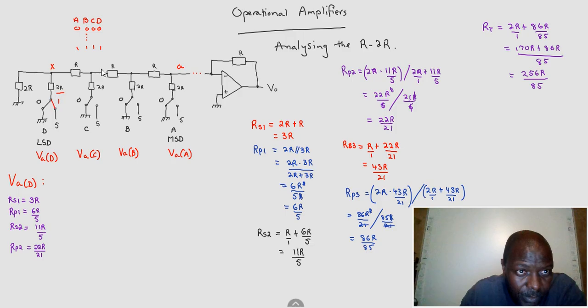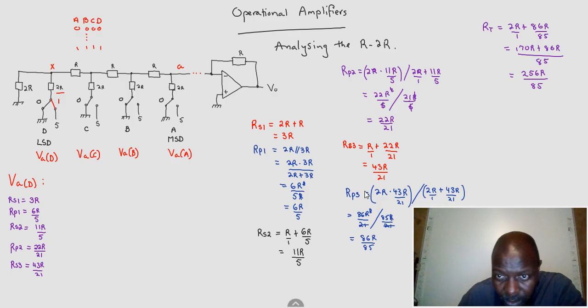Then we've got another R series, which is R series 3. R series 3 starts from there and the rest. R series 3 was simply equal to 43R over 21. And then we had that parallel network from X all the way there.